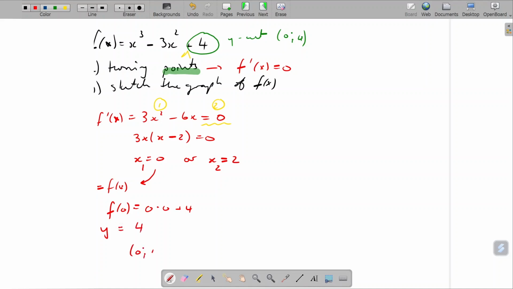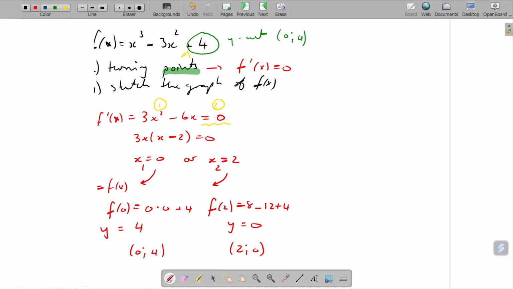So 0 is paired with 4. In the same way, I'm going to plug 2 in. So f of 2 equals 8 minus 12 plus 4, which in this case equals 0. So y in this case equals 0. So I know that this is paired, 2 and 0.